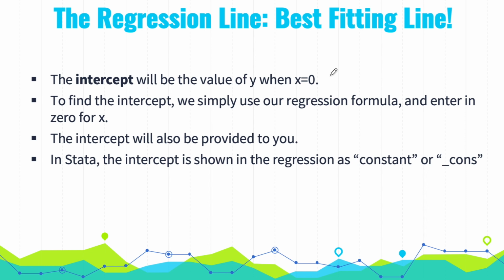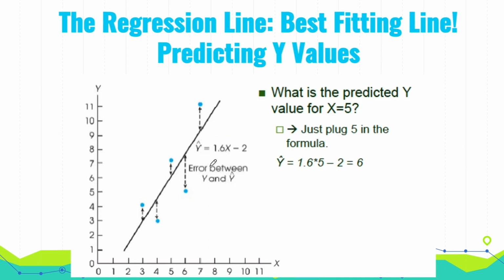Remember, the intercept value will be the value of y when x equals 0. To find the intercept, we simply use our regression formula and we enter in 0 for x. In Stata, the intercept will also be provided to you. It's shown in the regression as a constant or underscore cons. Here you can see that we had an observed value that when x equals 5, y equals about 7.